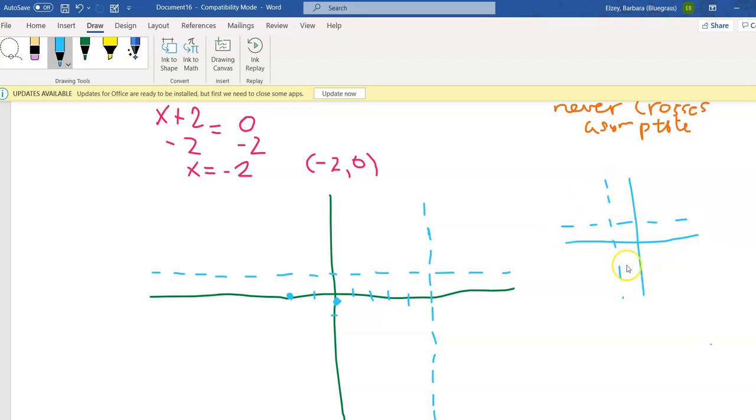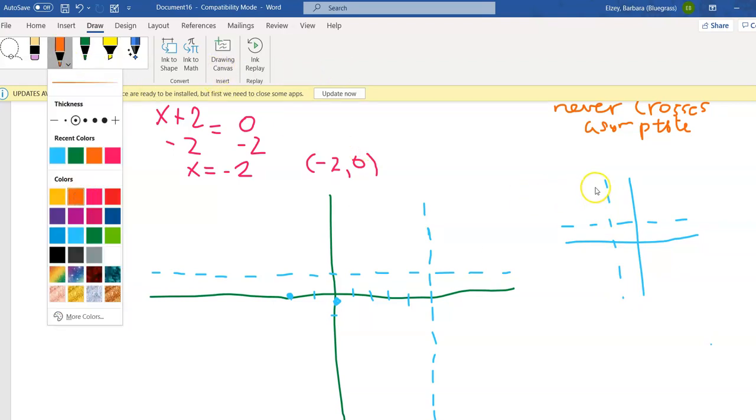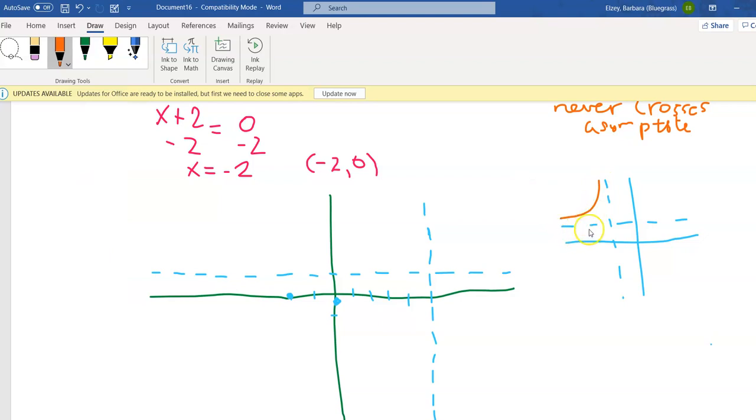On the left side of this dotted vertical line, my graph can do one of two things. It can go like this toward its two asymptotes, or it can go like this. One of those two, not both. And then on the right side of a vertical asymptote, it can either do this, or this.